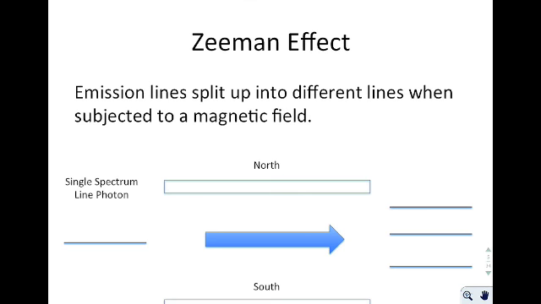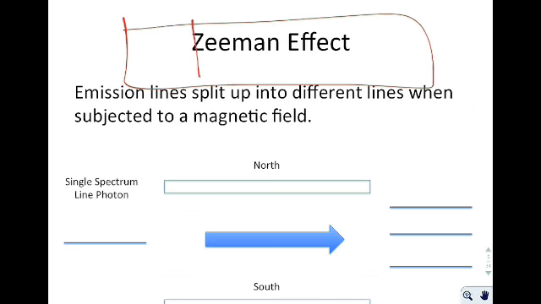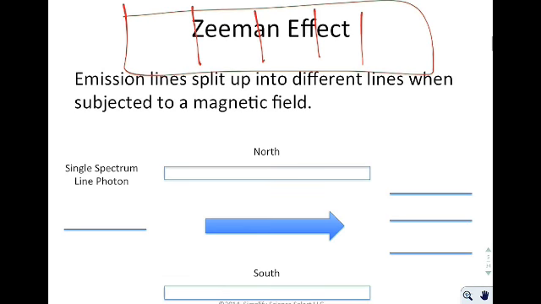Now, the first thing we need to talk about is the experimental evidence that led us to believe in this idea of suborbitals, an experiment called the Zeeman effect. This is a spectrum line, so you know how hydrogen had spectrum lines here, here, here, and here. They took these single spectrum lines and exerted a magnetic field on the object.